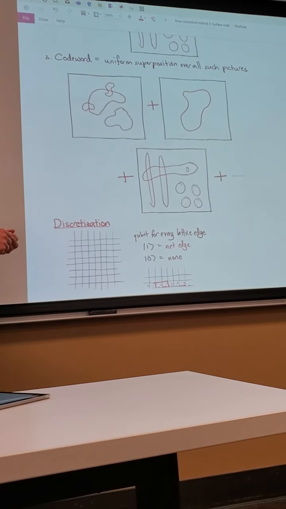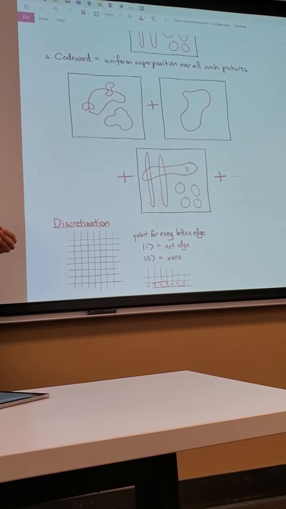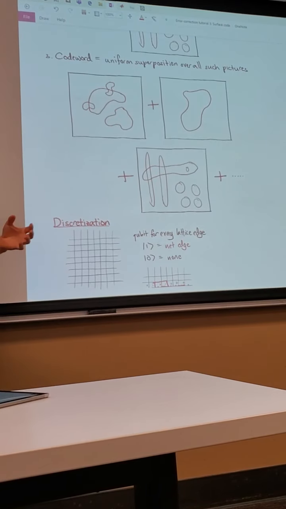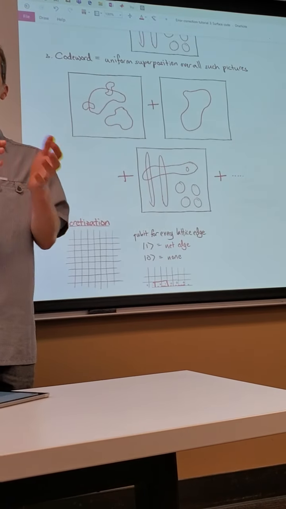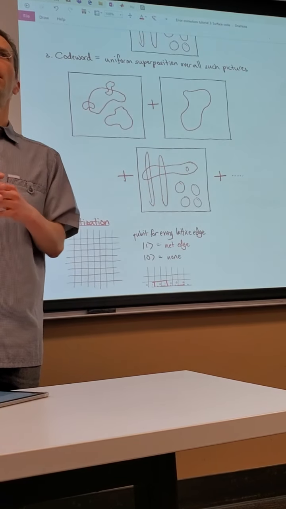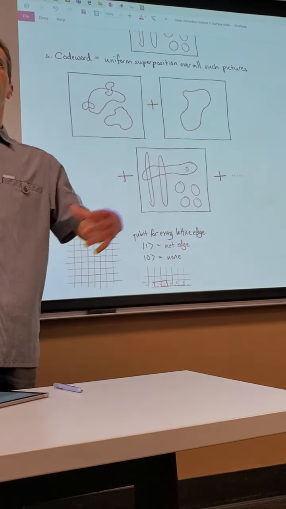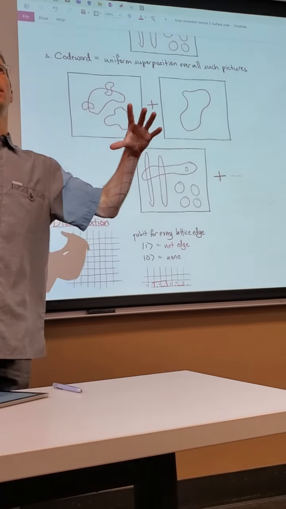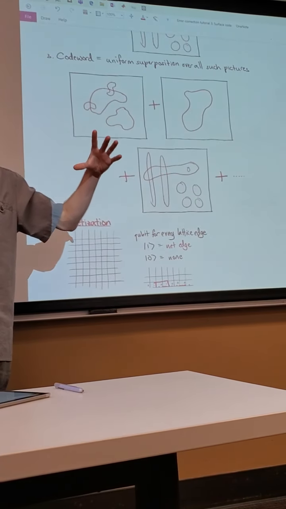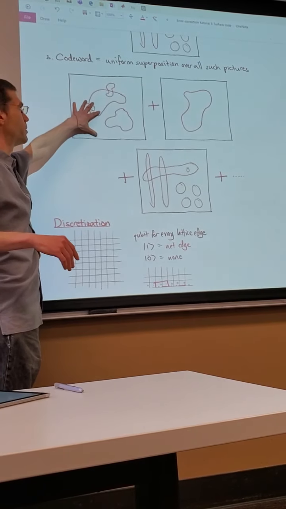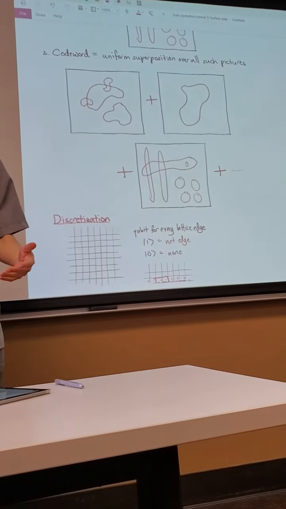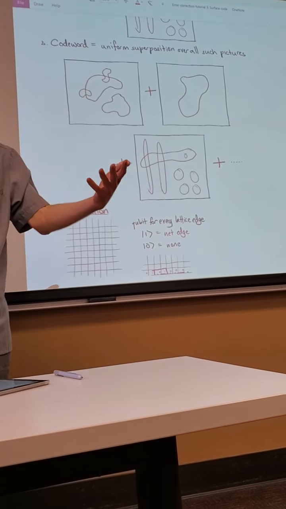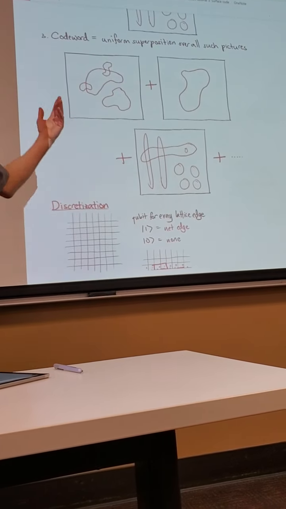The reason for that is I want something that's topologically invariant. So I want to be able to slide things around and not change things. And I also want something that's scale invariant. So if you zoom out, it doesn't really change what you're looking at. If you look at the uniform superposition over all nets like this, and you zoom out, it still looks roughly the same. It's just a mess of cycles like that.